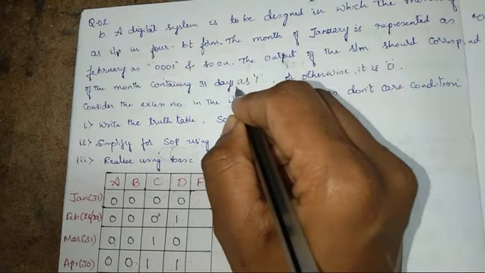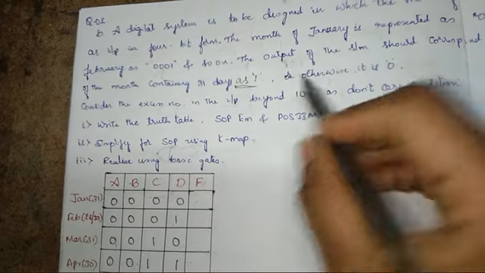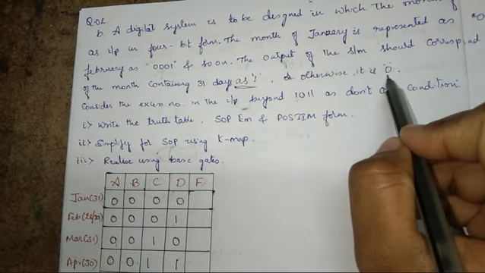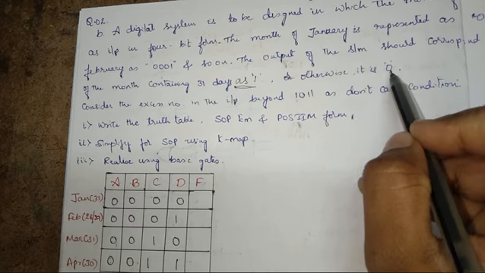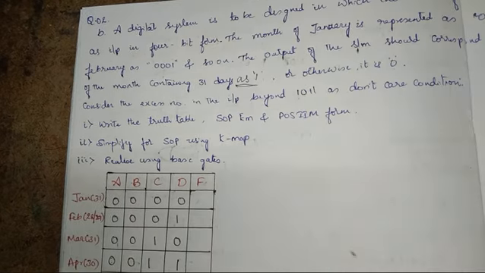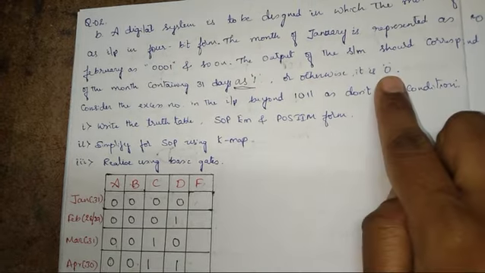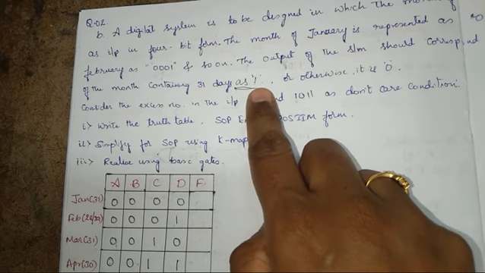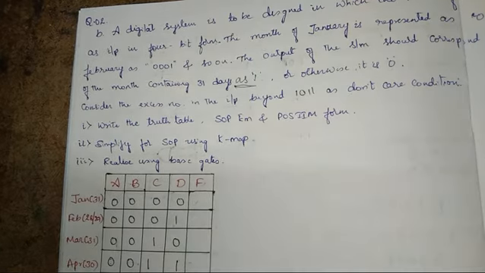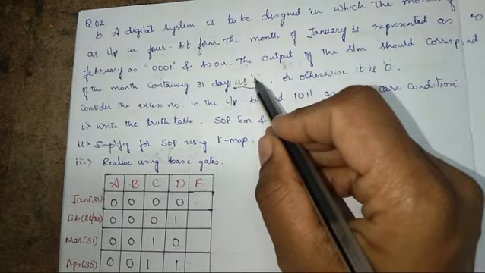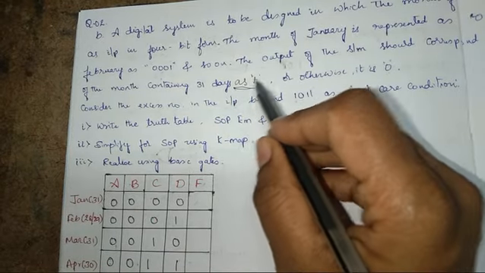Since they have told "or otherwise it is 0", and in a binary system there are only 2 conditions, 0 or 1, for the other condition it must be 1. I guess it has been missed. Otherwise they would have mentioned it as 1.